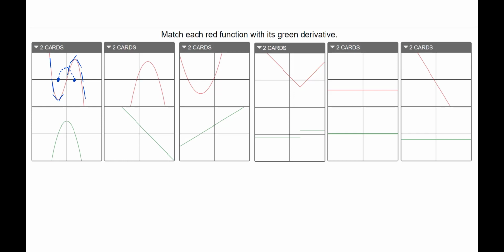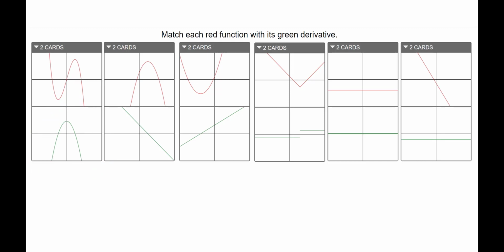But that would be a little hard on this particular function because we don't have a nice grid to actually compute what those slopes are. But we can at least see the 0 there, negative, positive, negative, and that matched up with this function down below.